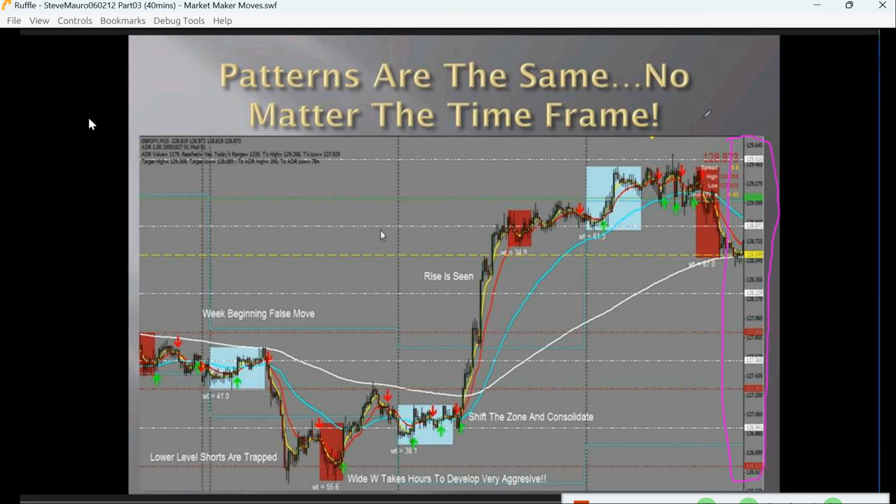The saga or the cycle repeats itself over and over again based on the pattern and where the dollar volume is tracked. They could care less about this outside margin, and I'm telling you, you shouldn't care about it either. When they tell you, oh my God, Euro's at 116, the lowest it's been in 20 years, oh my goodness, who cares?